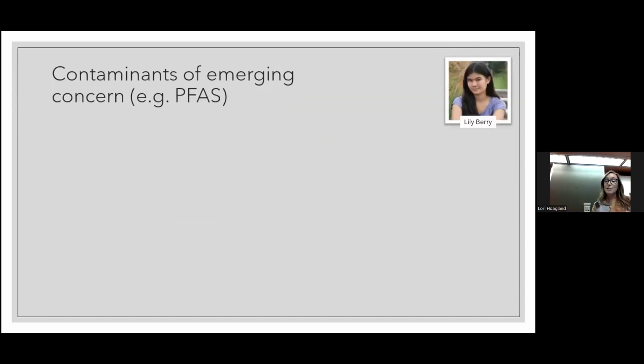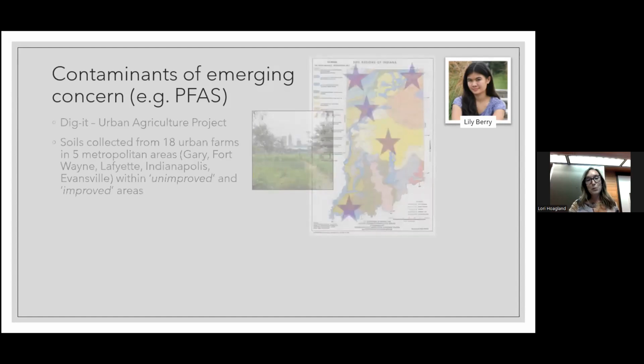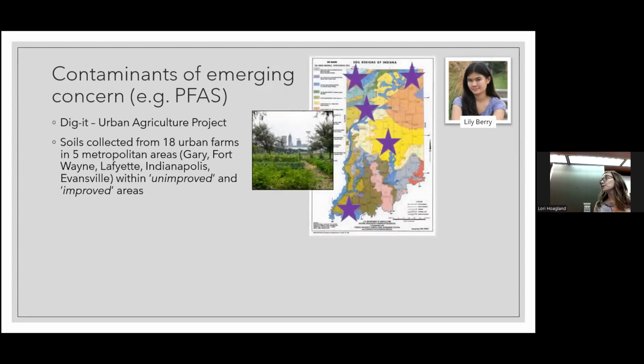So next, contaminants of emerging concern. We have a student, Lily, who's working on this project where we've been working with 18 urban farms across the state to understand the soils in those systems and how their management practices are influencing their ability to deal with contaminants and protect their crops.